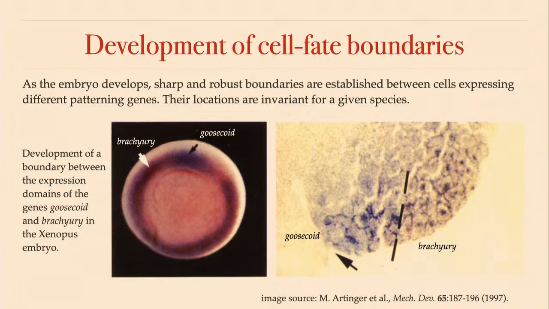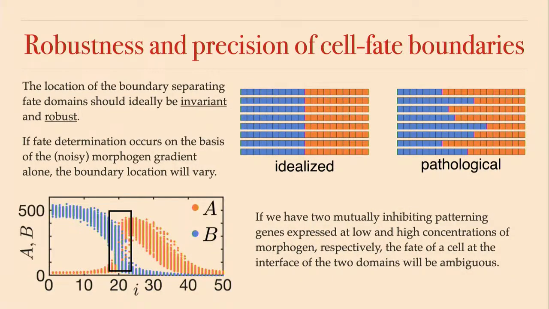That's essentially what we're focusing on in this second work. If the cells were only looking at the morphogen concentration, what would happen? I have taken these results from a simulation of the model, which I haven't shown yet, but this is just for illustrative purposes.